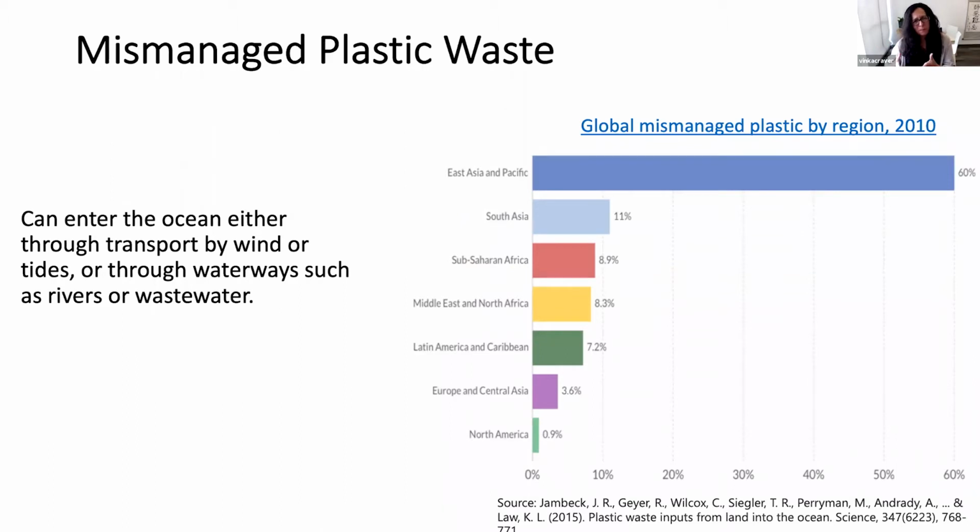Most of the plastic that enters the ocean, and since we are in the Sea Grant context we are interested in that, is due to mismanaged waste or fugitive emissions of plastics in the environment. As you can see, most of this happens in countries with low economic development, mostly because it's very expensive to have solid waste management systems.